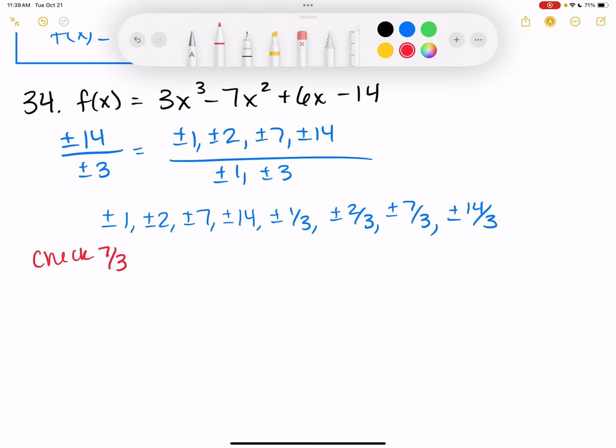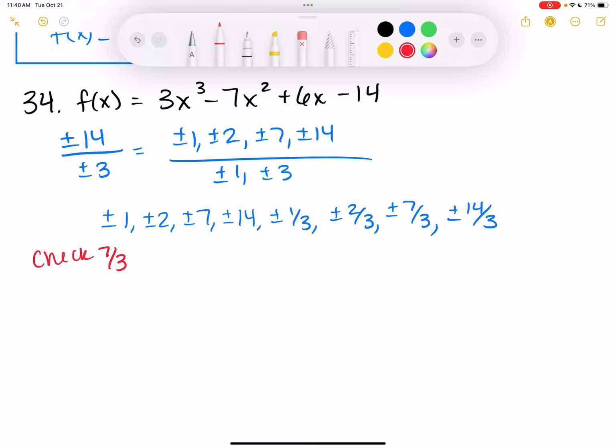Now remember, there may be times where there are multiple values that could be off of your list. This one, there's only one that really fits that criteria, but there could be multiple, so you may need to write down multiple and check them in between.